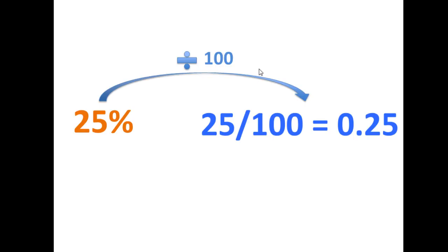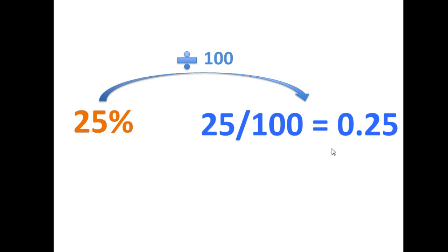Now the question given is 25%. So you can see the symbol here, so you need to remove it. When you need to remove it, you have to divide by 100. And when you divide by 100, what do you get? You get a decimal form, that is 0.25.